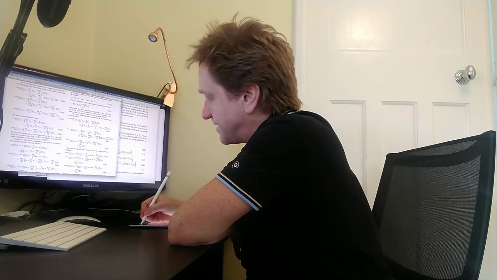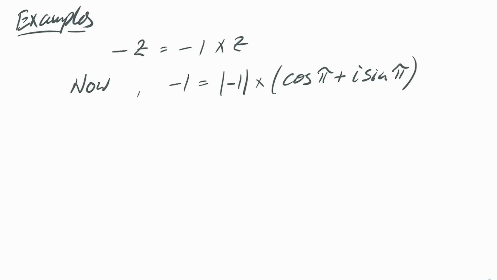Now there are a few important examples. Consider the number minus z. Now minus z is minus 1 times z, and minus 1 in modulus argument form has a length of 1 and an argument of pi. So this means that to multiply by minus 1, we rotate the number by pi.